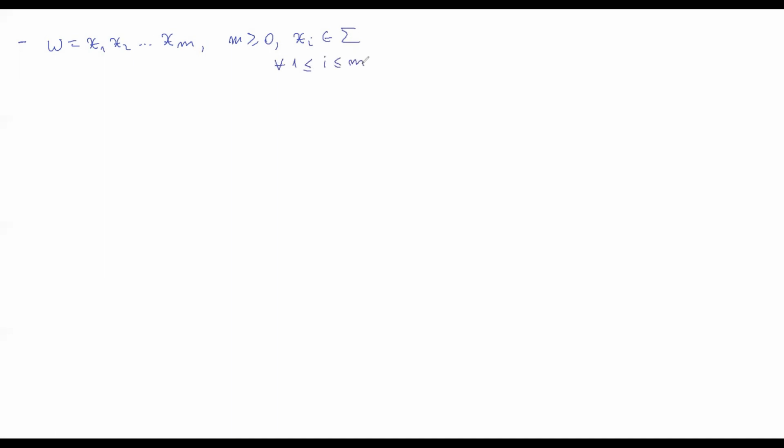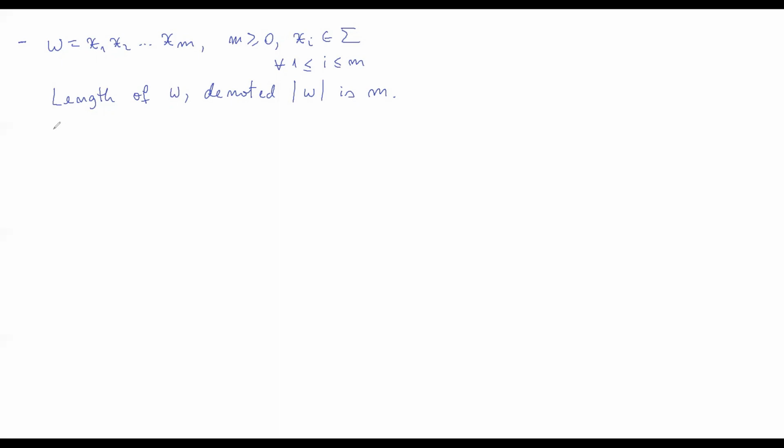So for such a word, the length of W, denoted by W between vertical bars, is m. So in other words, it's exactly the number of letters that you have in the word W.